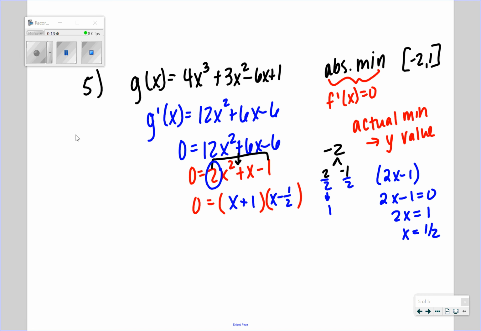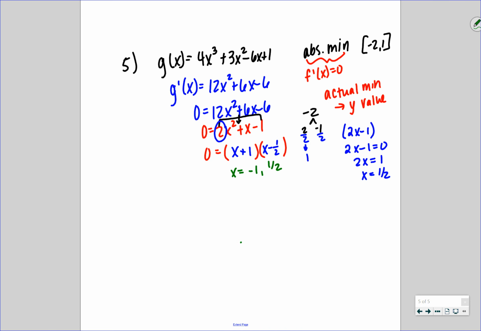And we're back. So again, I don't have to put it in full factored form because we really only care about the zeros. So find out what the 0 is, plug it back into the factors. My zeros are a -1 and a positive 1/2. So which one is the absolute minimum? So I'm going to have to plug in not only the endpoints, but my critical values, these are my critical values, into my g function.